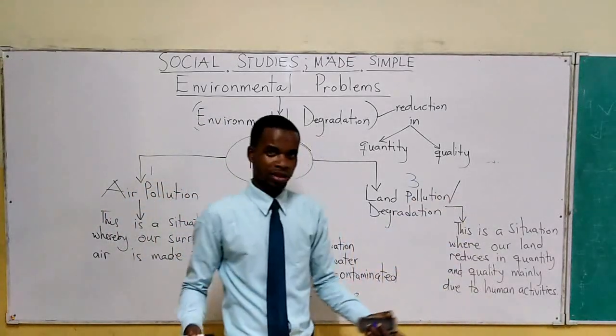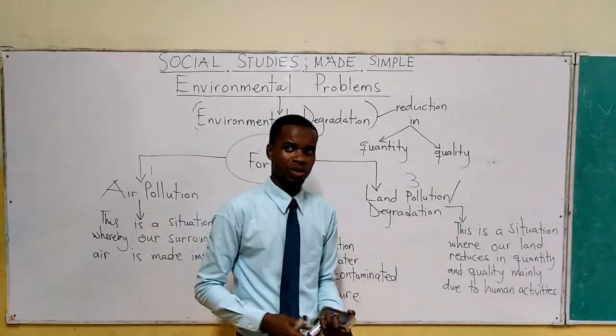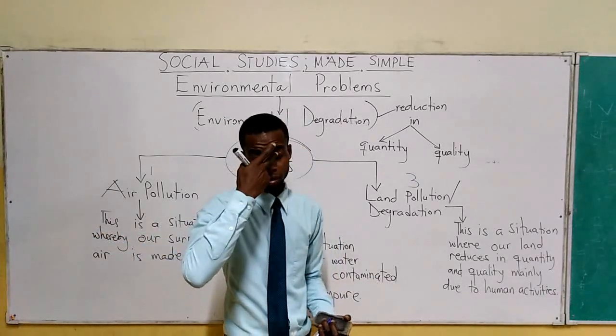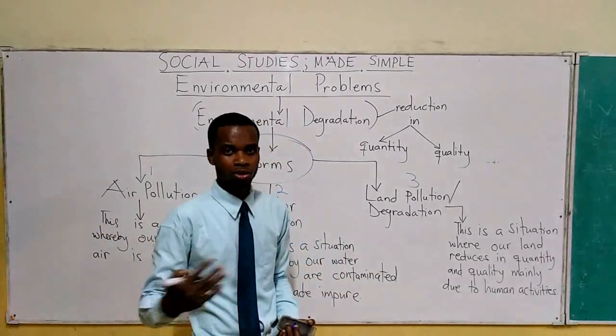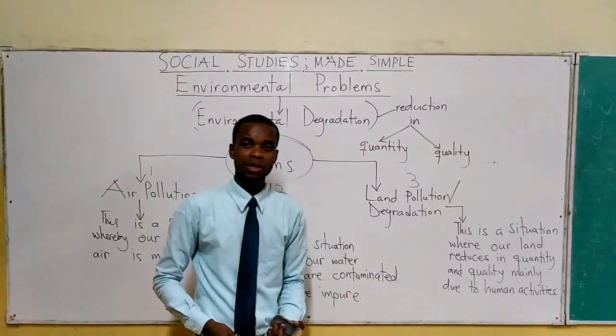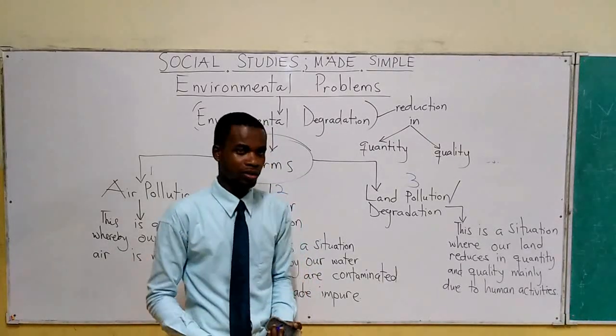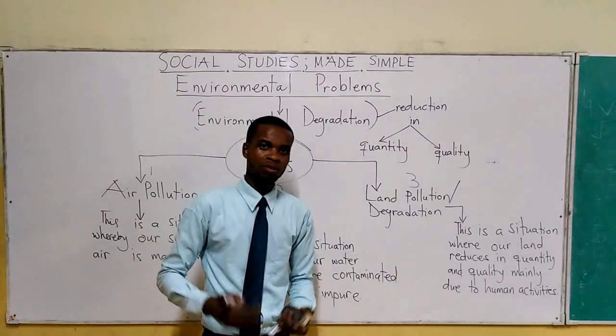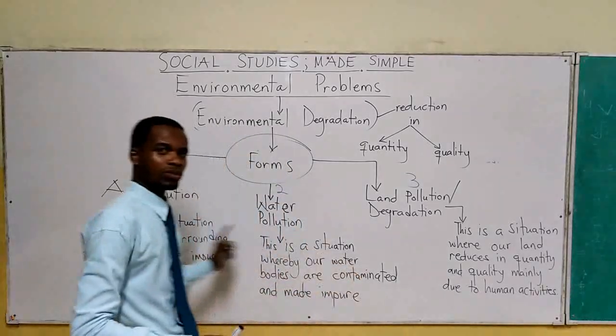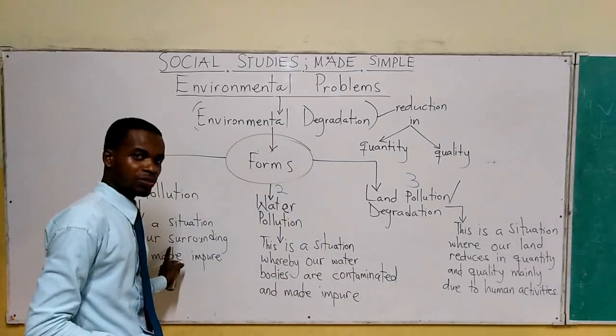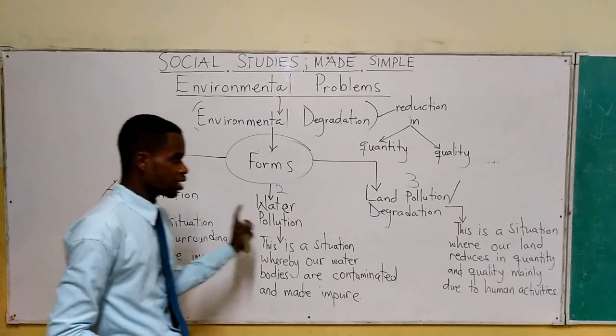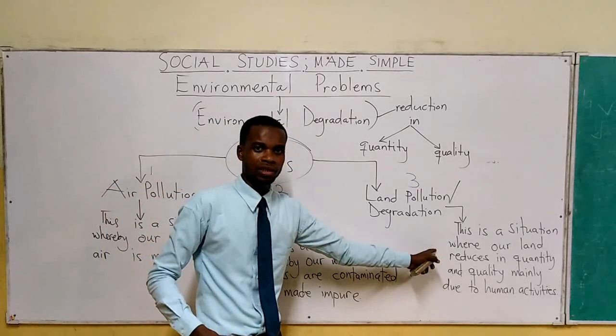Land degradation. With land degradation, we know about sand winning, where people fetch a portion of the land, they fetch the topsoil, use the sand for building and construction. We can also talk about the bush burning. Even though it causes air pollution, it also causes land degradation as well.